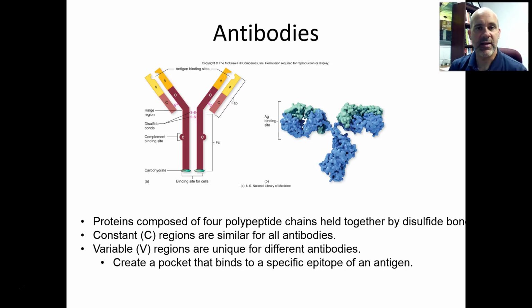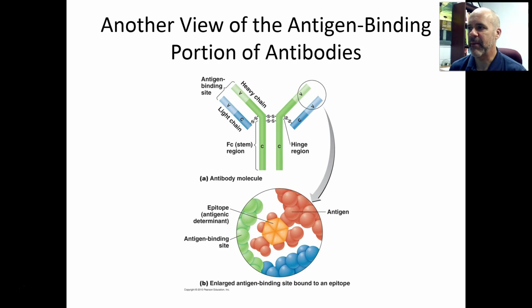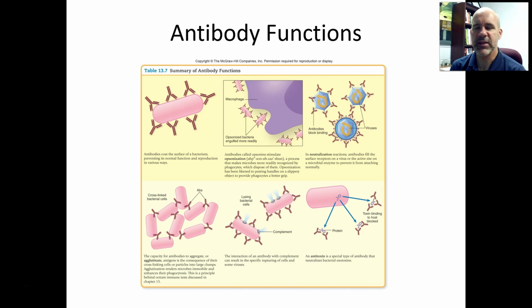That can lead to the poor little microbe bursting, if you remember that from the end of Chapter 12. That's sometimes called fixing complement, the antibodies that can do that. All these things wind up working together to help you clear out infections. All right, so what do antibodies do? We know these are proteins, and they attach to very specific molecules on the surfaces of microbes or other things that are foreign to the body. So how in the world does that help us?